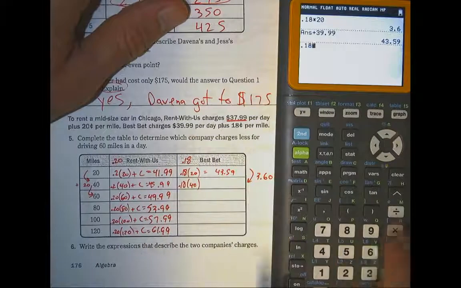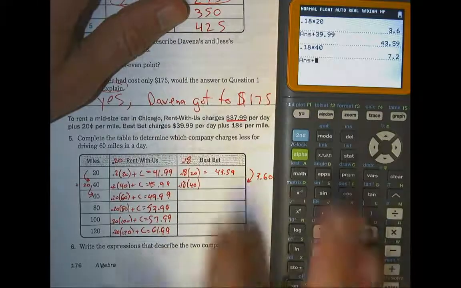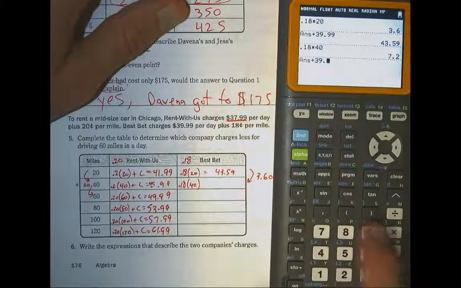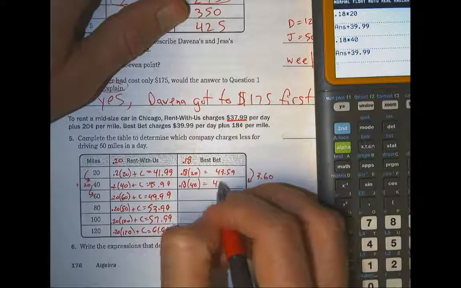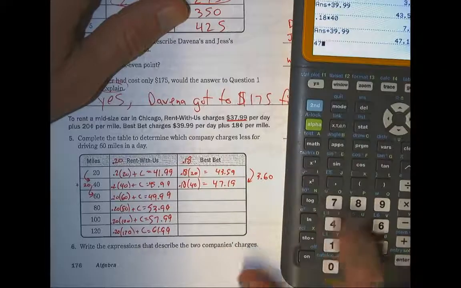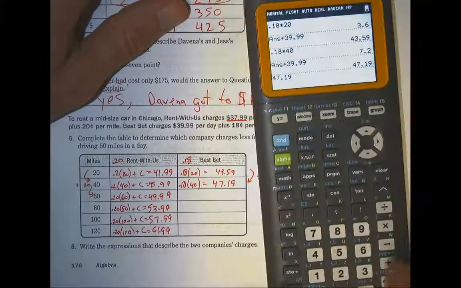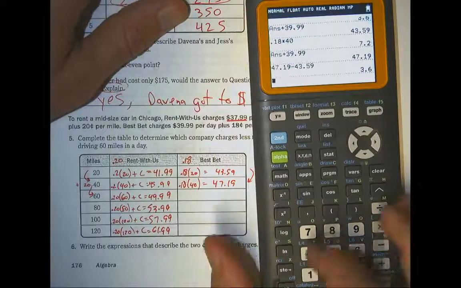For the next one, 18 cents for 40 miles is $7.20, plus the original $39.99, it's $47.19. And if I subtracted those two numbers, I should get $3.60. So $47.19 minus $43.59. Perfect.